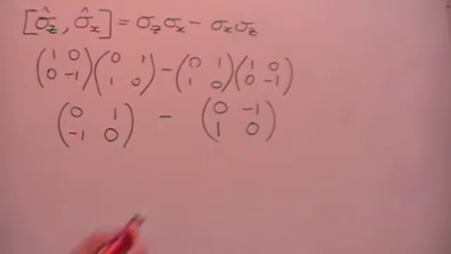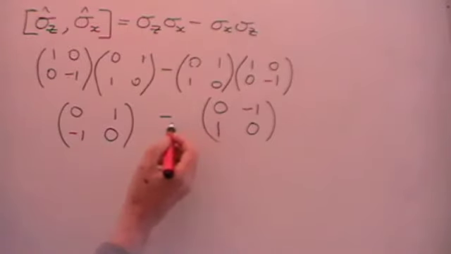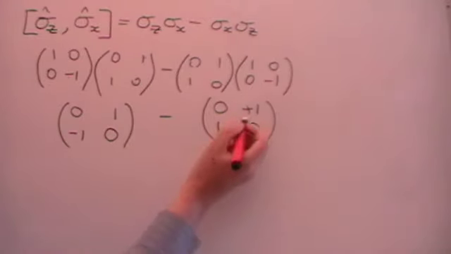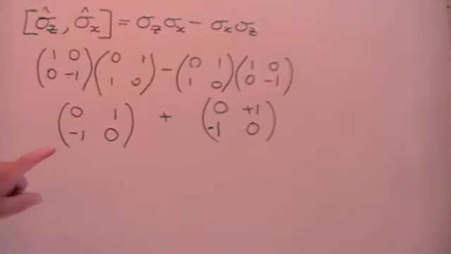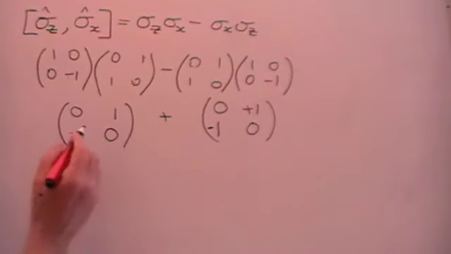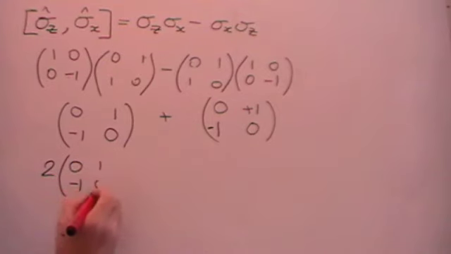But if I multiply inside and outside by minus 1, effectively I'm just multiplying by plus 1, two lots of minus 1, I get that. And so now the two matrices are the same, and that is now 2 times (0, 1; minus 1, 0), which I don't immediately recognise.